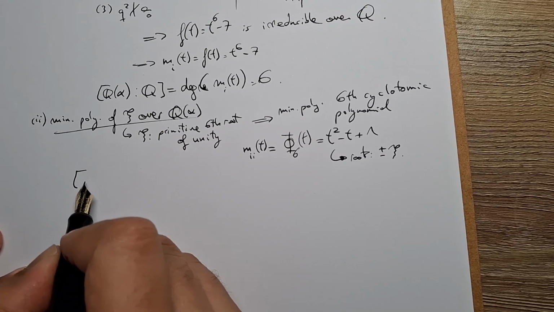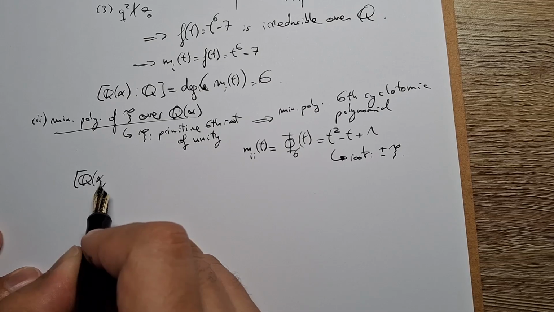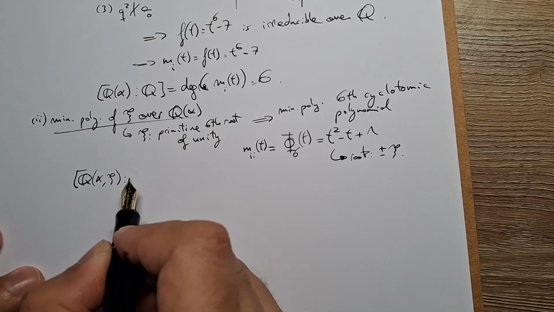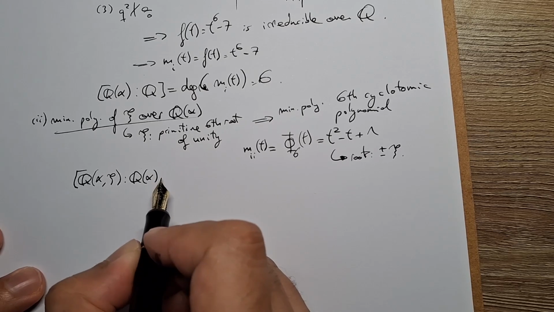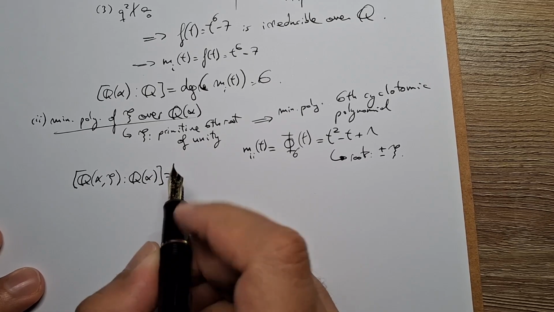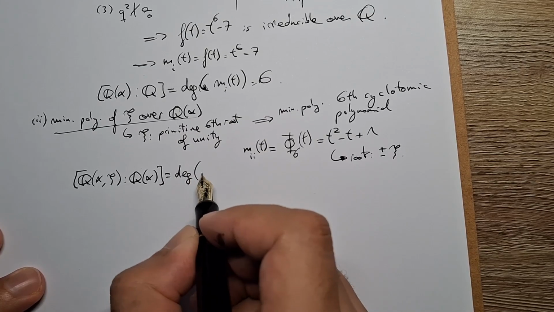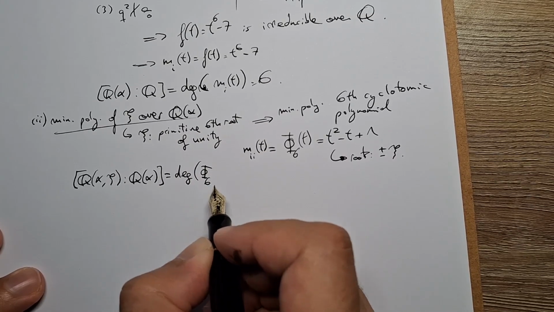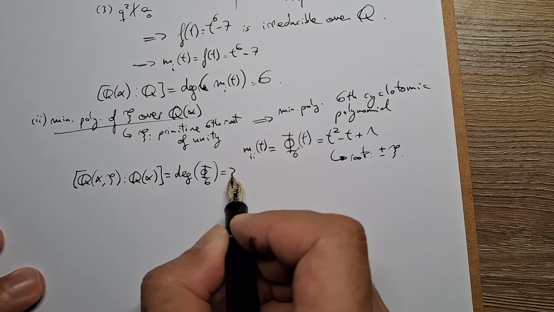And then, as before, when we want to know the degree of alpha and theta adjoined to Q over Q adjoined to alpha, this is equal to the degree of this second minimal polynomial, which is the cyclotomic polynomial, which has degree 2.